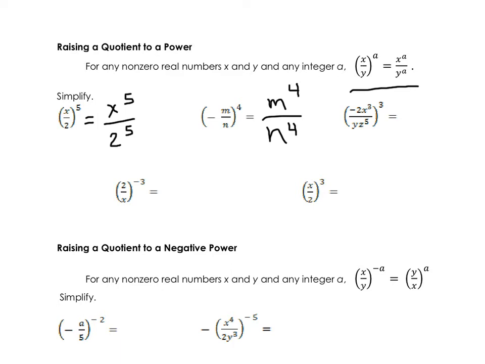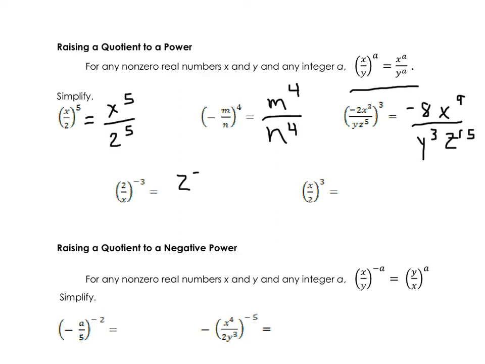So we have negative 2 cubed, which is negative 8. We have x to the 9th. We want to multiply those exponents. We have y cubed, and we have z to what power? 15. The 15th power.